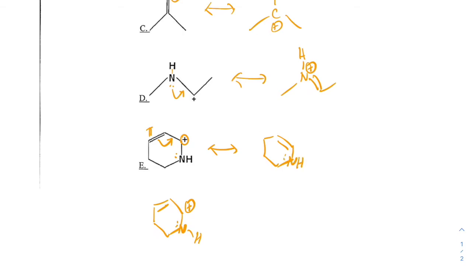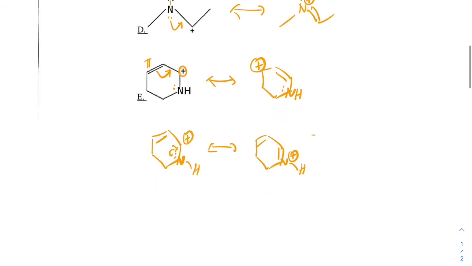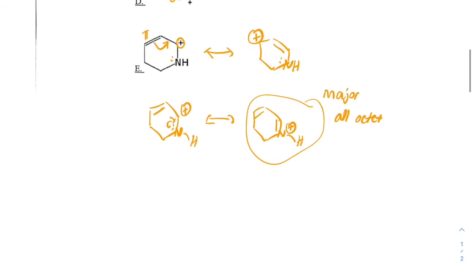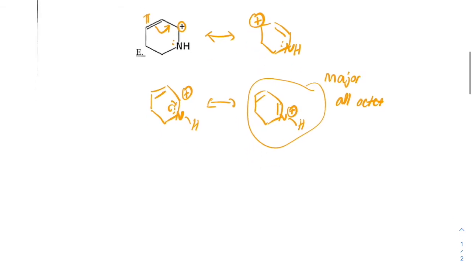And you can put the plus here, or you could move the electrons from the nitrogen atom over to make this structure here. Now, just thinking ahead, this is going to be the major contributor to the overall resonance hybrid because every atom has an octet. These other resonance structures are valid, but not major.